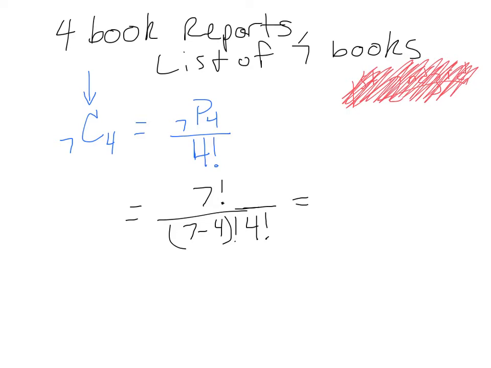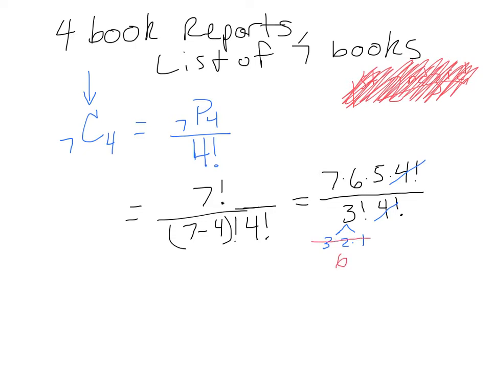Now let's simplify. You've got 7 times 6 times 5 times 4 factorial on the top. On the bottom you've got a 3 factorial and a 4 factorial. Goodbye 4 factorials. Now let's dissect this 3 factorial. It's 3 times 2 times 1, which today I believe is 6.